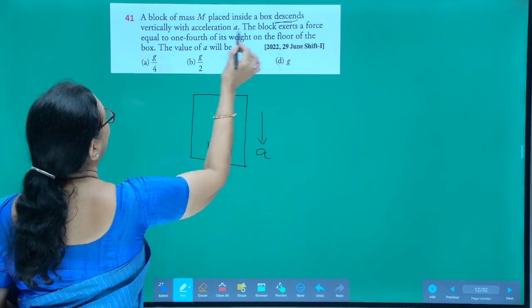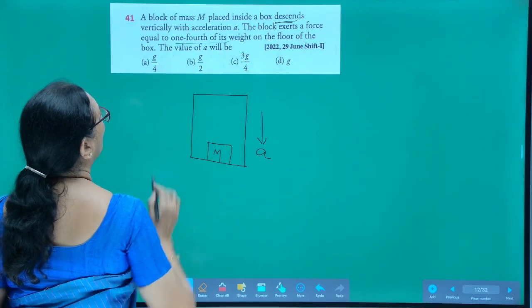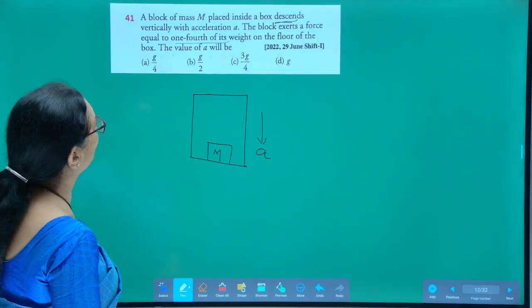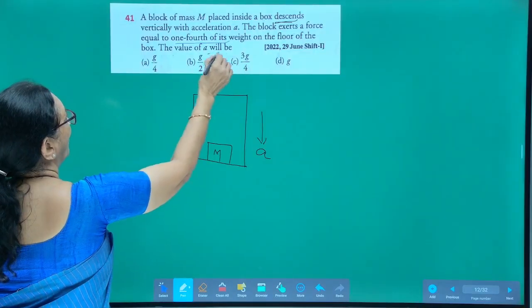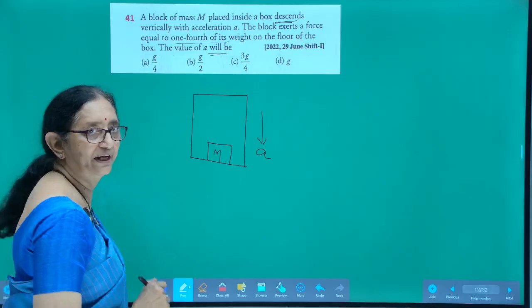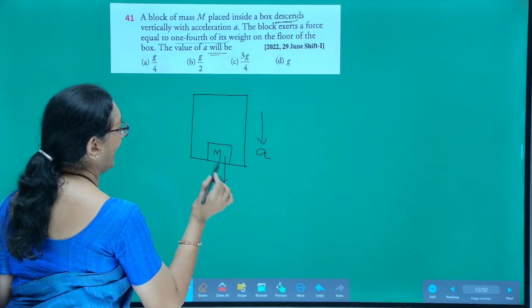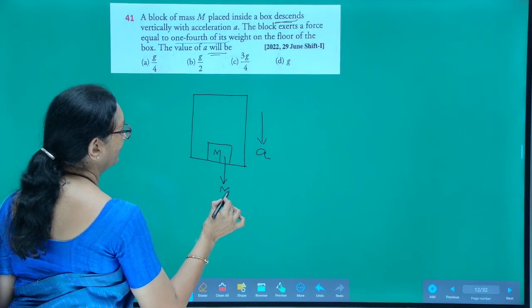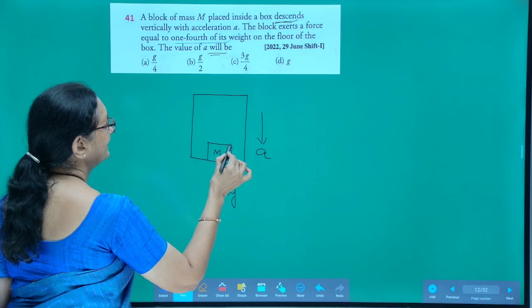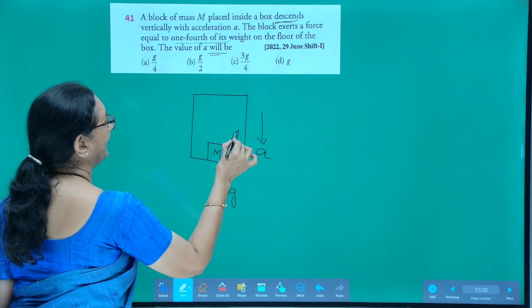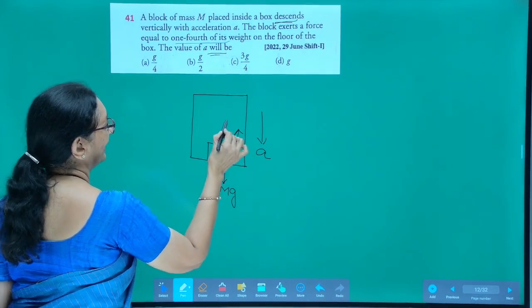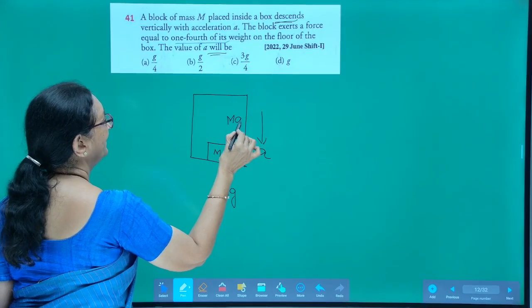The block exerts a force equal to 1/4 the weight on the floor. Find the value of a. See, look here, its weight will be acting in the downward direction, and the pseudo force on this will be acting in the upward direction, that is ma.